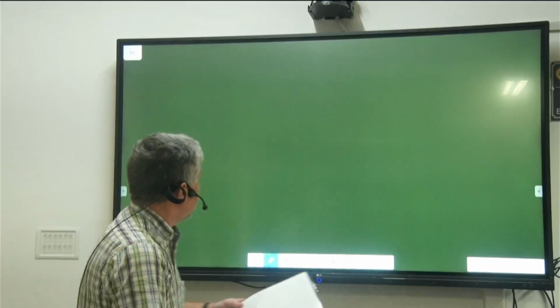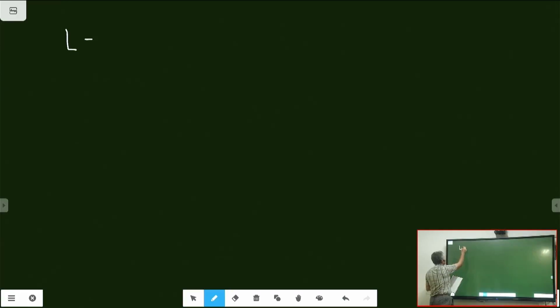I'll just create an extra slide. Let me go through the ingredients. In that example, L was equal to sigma plus [[1, 1], [2, -1]].